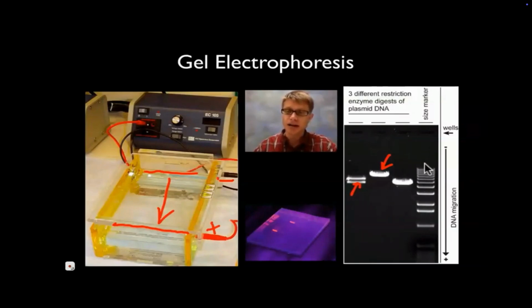And lots of times you'll run a ladder as well. A ladder is a bunch of DNA with known distances or known quantities, and so you can read across and see how big is that, how many nucleotide pairs do we have. When we do this in class, we use a dye called ethidium bromide, and basically it'll dye the DNA. You can put it under black light and you can see where the DNA is.